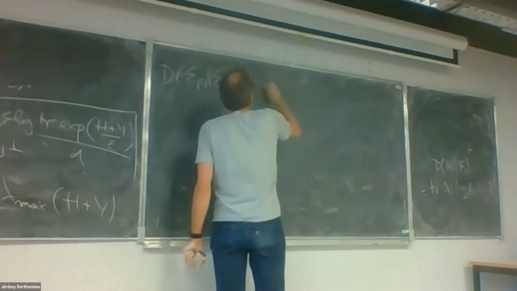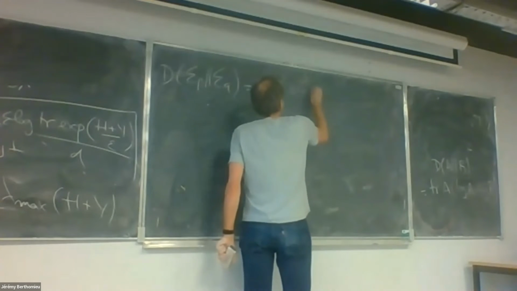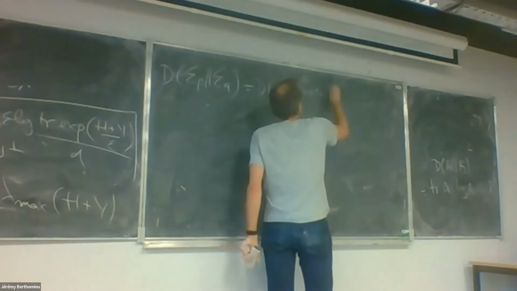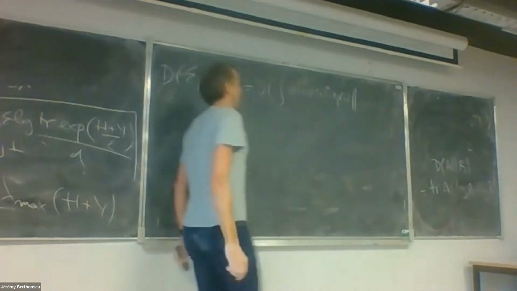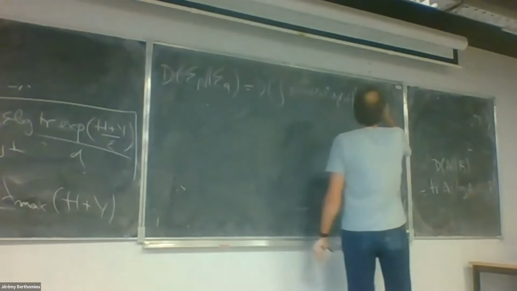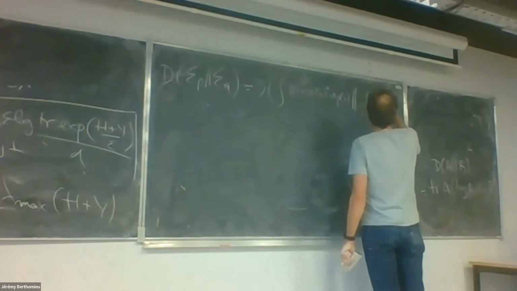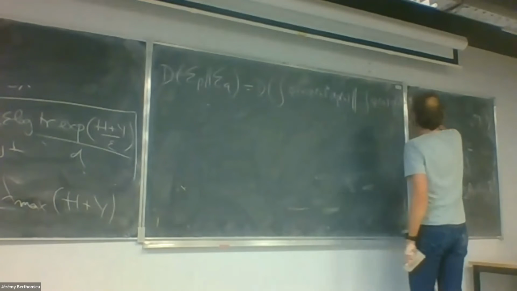I can write this as the divergence between the integral of P of x, P of x star, dP of x. Right, this is just the definition of sigma P. I can write the definition of sigma Q, the integral of P of x, P of x transpose.